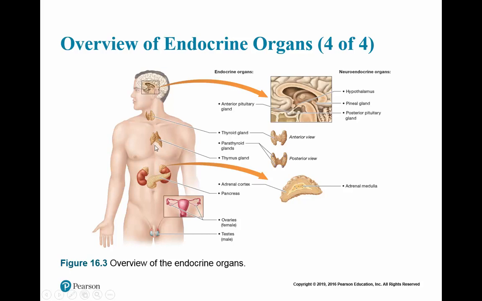The thymus gland is in the mediastinum. Here you have the adrenal glands that sit on top of the two kidneys. The cortex is the outer part, and then the medulla is the inner part. And then behind the stomach and underneath it is the pancreas. And then, of course, females have ovaries and males have testes.